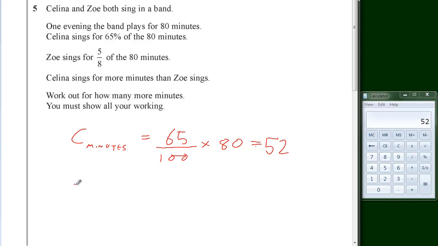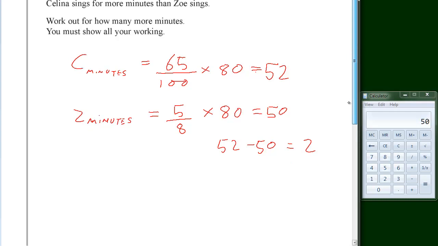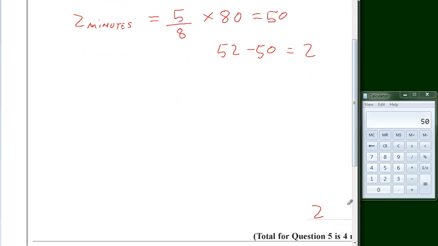And then we've got Zoe. She's 5/8. Two minutes, done.